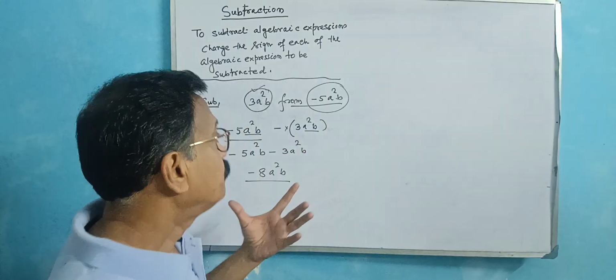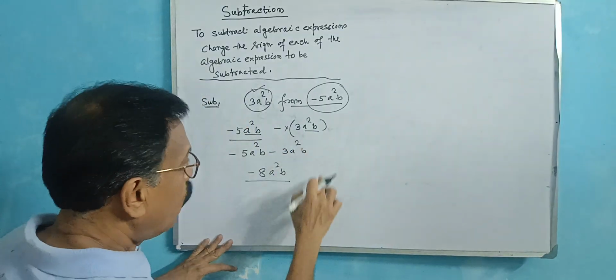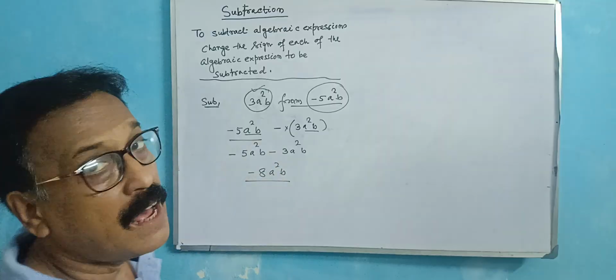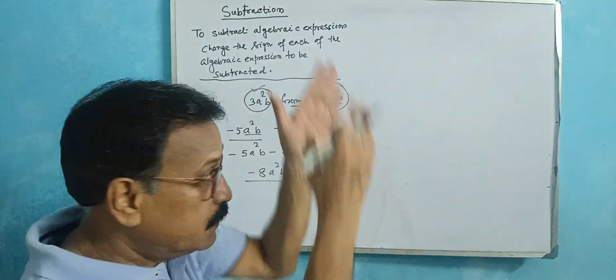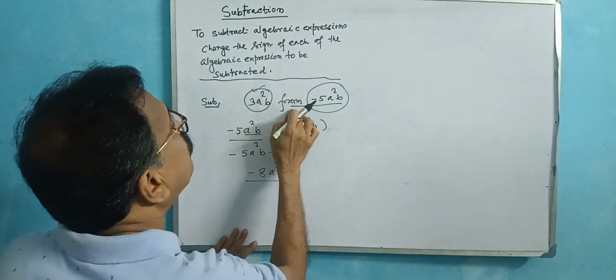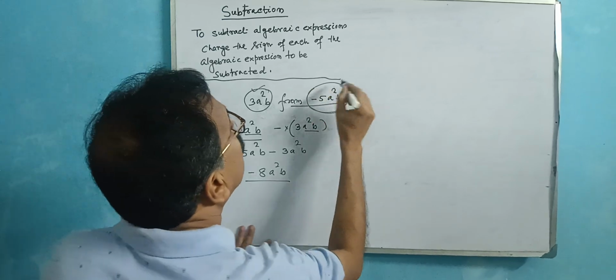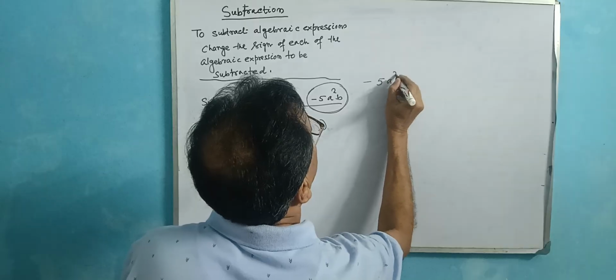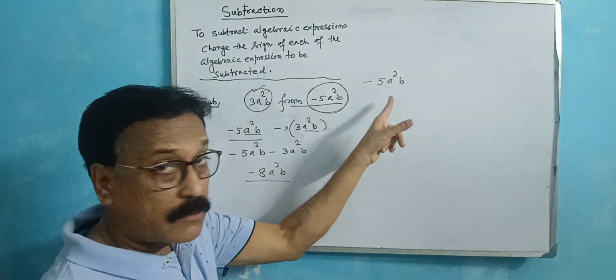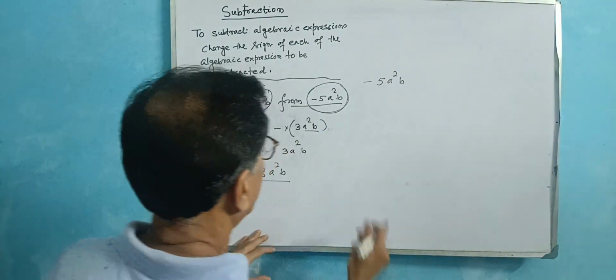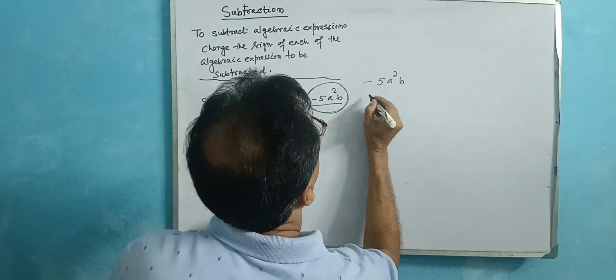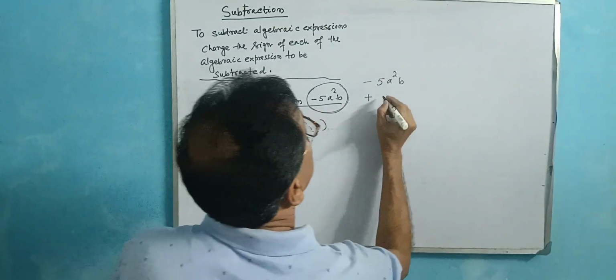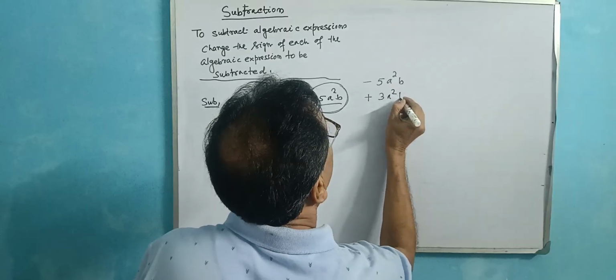Now this is called the horizontal process. If you solve in the column process, subtract this from this: the 'from' term you first write on top, minus 5 square b, write it on top. And here is plus 3 square b.